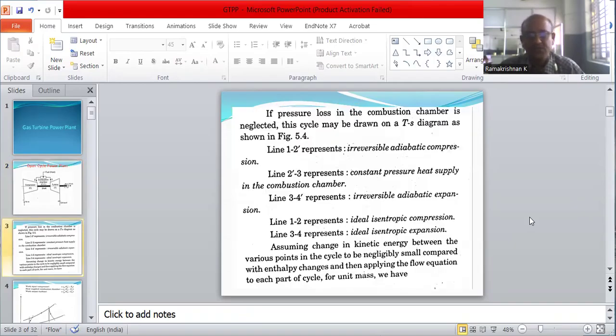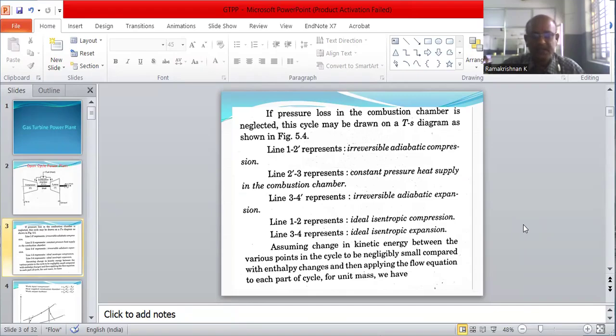1 to 2 dash is the irreversible adiabatic compression. Actually, the ideal compression process is 1 to 2, the ideal isentropic compression process. But actually it is not so, so the 2 is replaced by 2 dash. So 1 to 2 dash is irreversible adiabatic compression.